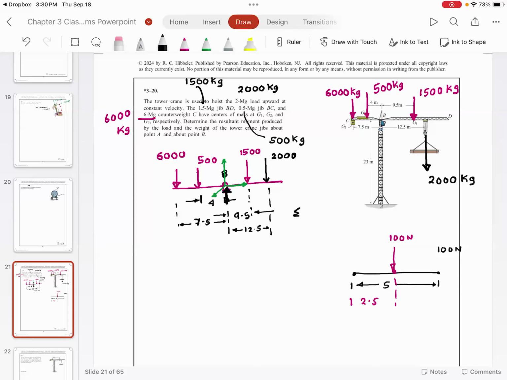Summation of forces in the y direction is equal to 0. So minus 6,000, minus 500, minus 1,500, minus 2,000, and don't forget the reaction force RB or YB. I'm going to call this RY. And that gives you the reaction. Do you agree with me?